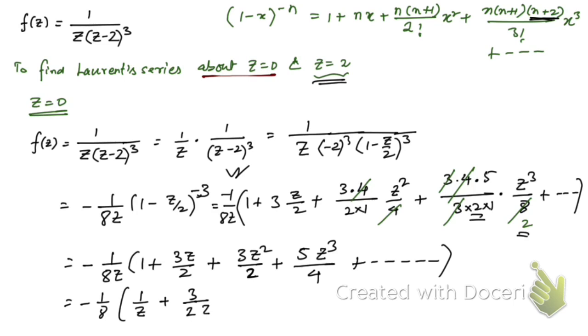If you multiply 1 by z with this, these two z will be cancelled, and if you multiply 1 by z with this, then z square cancels by z, so we're gonna have 3z by 2. Then next we're gonna have 5z square by 4 plus dot dot dot, and so on. That's how we're gonna have. So this is the required Laurent series.